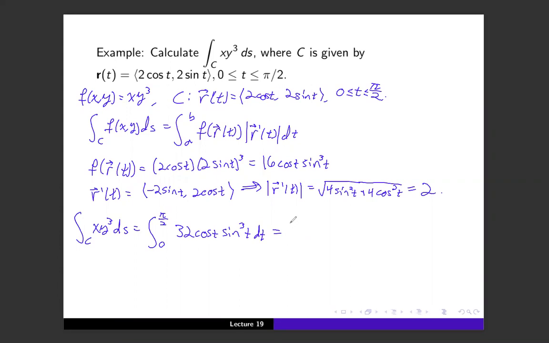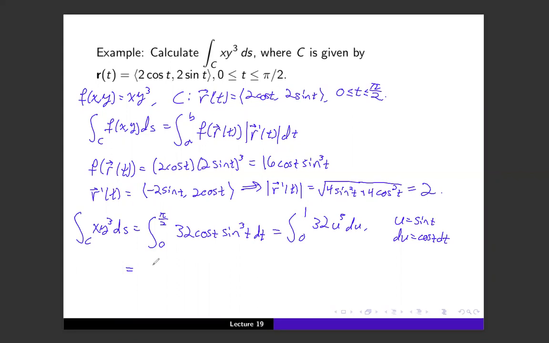You can re-express this as the integral from 0 to 1 of, not 16, I'm sorry, 32 u cubed du, where in this case u is sine of t, and du is cosine t dt.